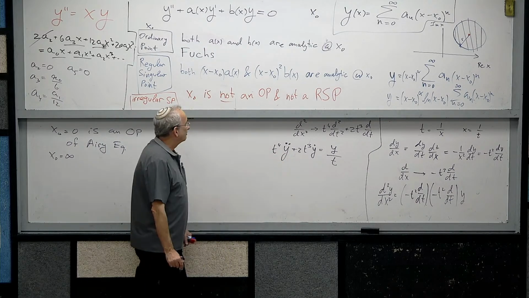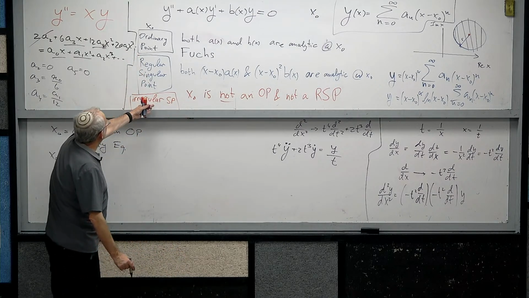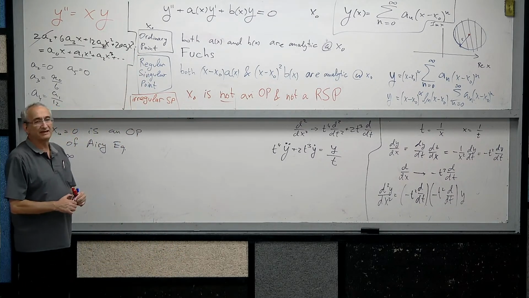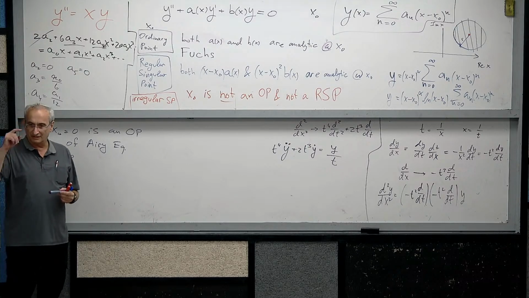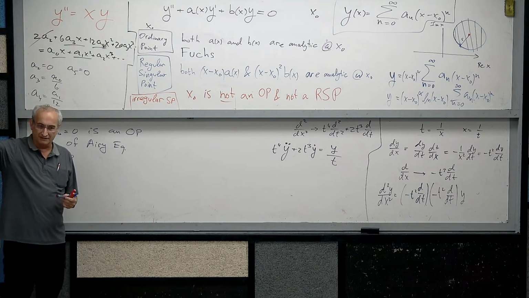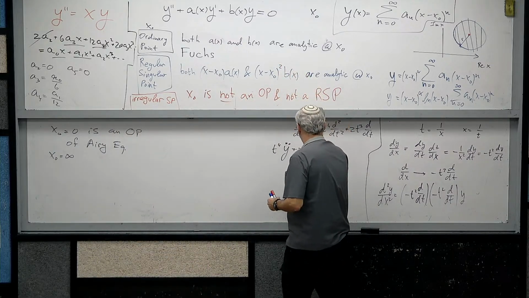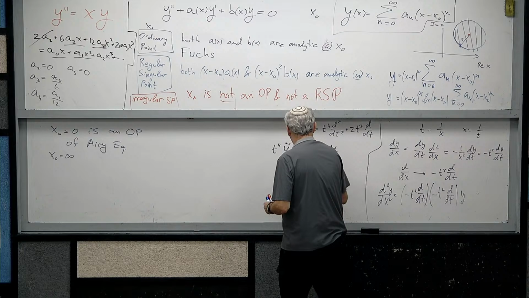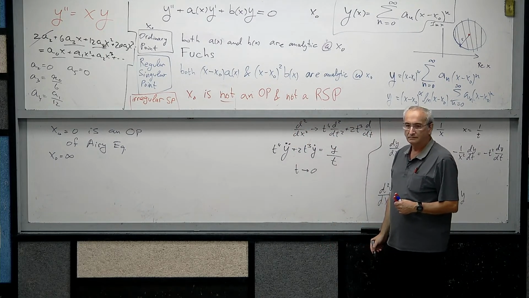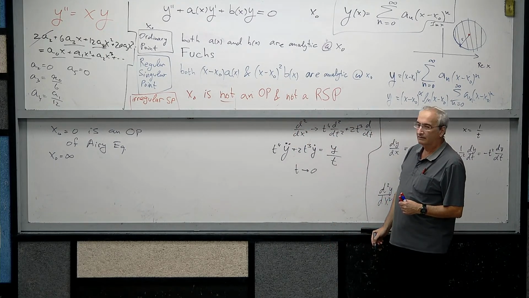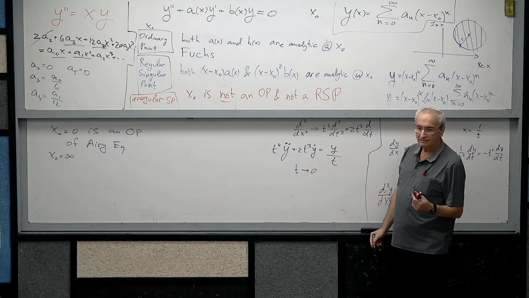Okay? Now, you tell me, the point t equals 0. You see, t equals 0 is x equals infinity. What can you tell me about the analytic properties of the solution as t goes to 0? Irregular. How do you see that? You need to divide by t to the 4.